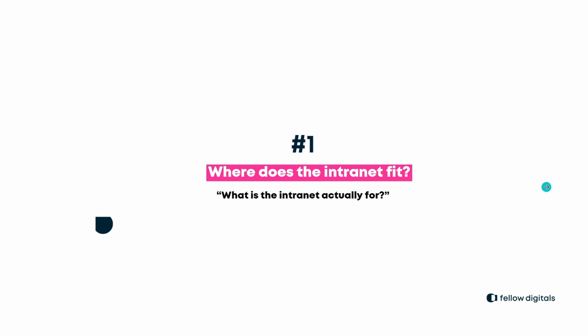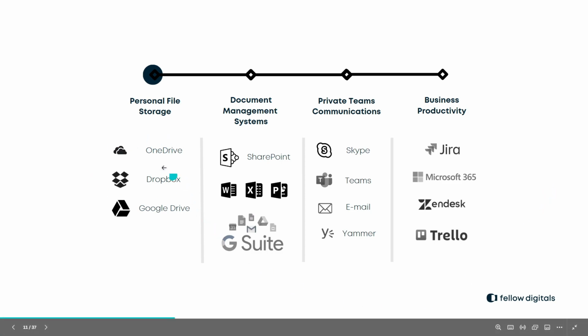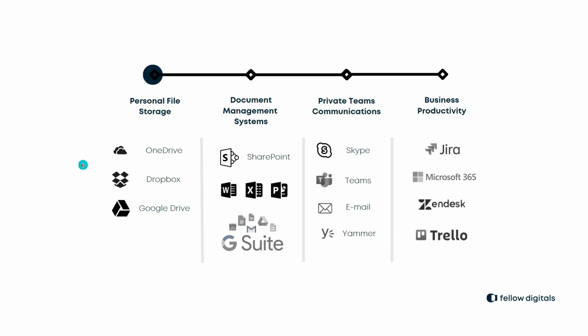So the first thing we advise is to create a sketch of your application landscape, which could look something like this. On the left, we have the personal file storage. Think of places where you keep your files like OneDrive, Dropbox, or even your own computer. Now on the right, we have document management systems, and this is where SharePoint or G Suite comes into play.